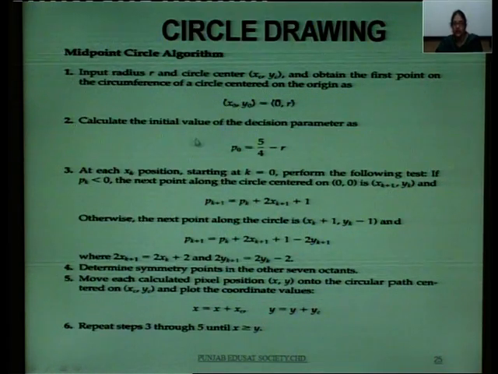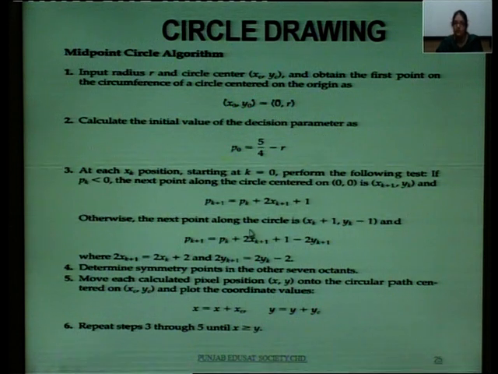Calculate the initial value of the decision parameter as p0 is equal to 5 by 4 minus r, and at each xk position, starting at k is equal to 0, perform the following test. If pk is less than 0, the next point along the circle centered on 0 0 will be (xk plus 1, yk), and pk plus 1 is equal to pk plus 2xk plus 1 plus 1.